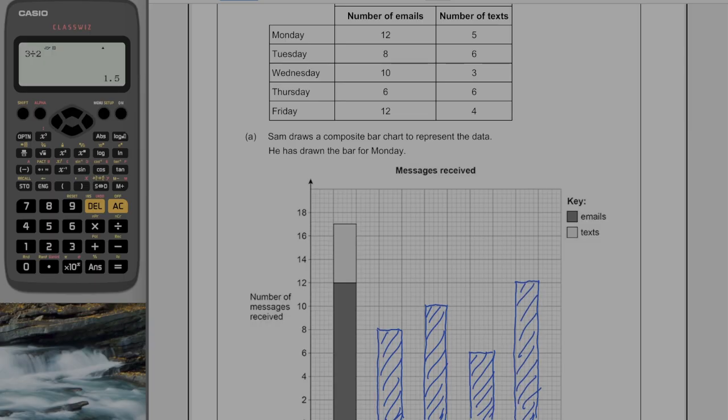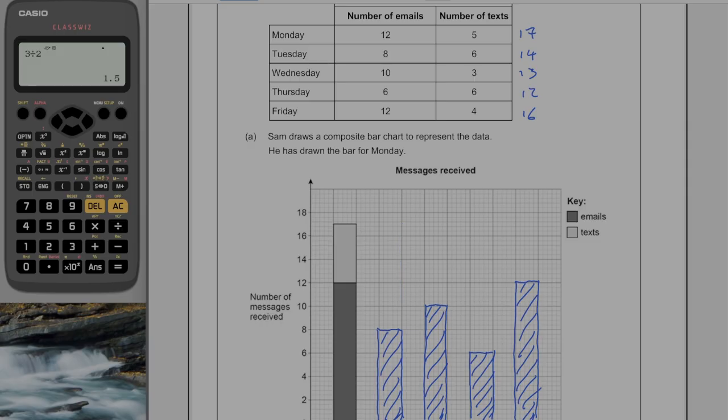And just to make things a bit easier, I'm going to add the totals together here. It saves me adding 5 on top each time, provided I've done it right. Right, so I want to go up to 17, which is halfway. Oh, sorry.